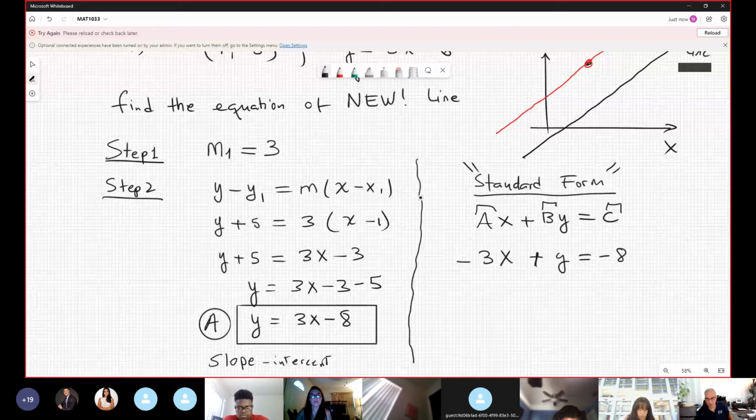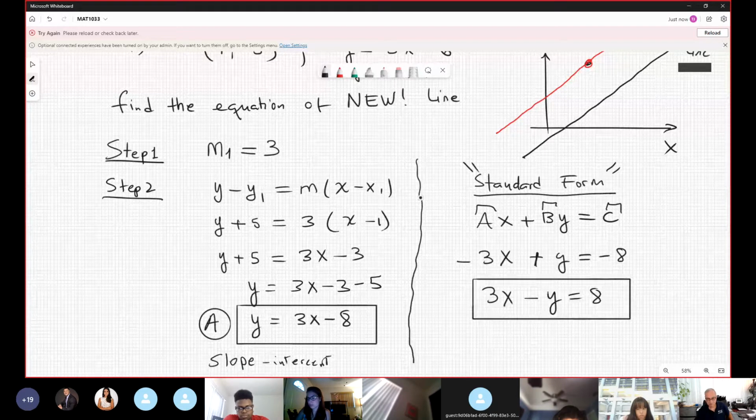If you multiply the entire equation by -1, you change the sign. And this is a beautiful final answer. By the way, this equation and this equation represent the same line. So either way, it's the same line. But this is slope-intercept, and this is standard.